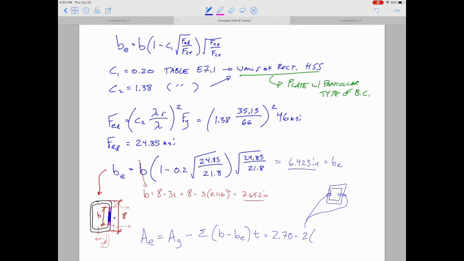I had two walls that were slender. 7.652 minus my 6.423, and then multiply by the wall thickness, 0.116. This was the thickness. Okay, so the area effective is 2.415 inches squared.